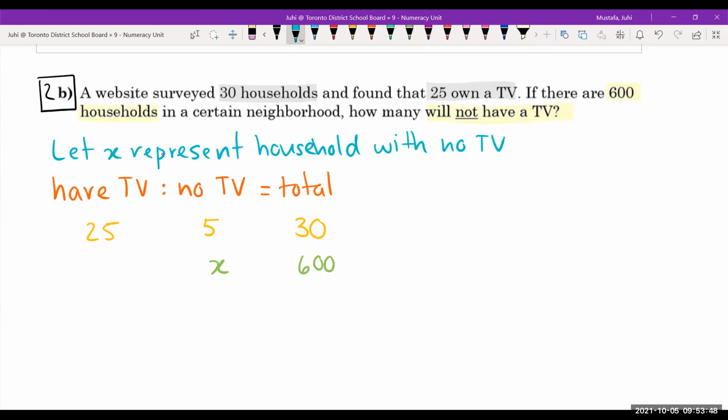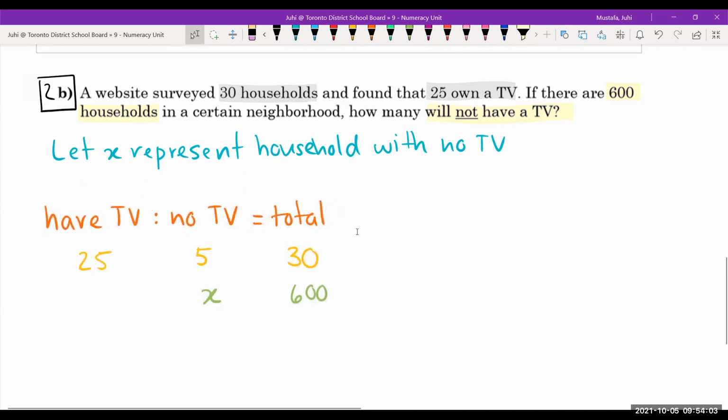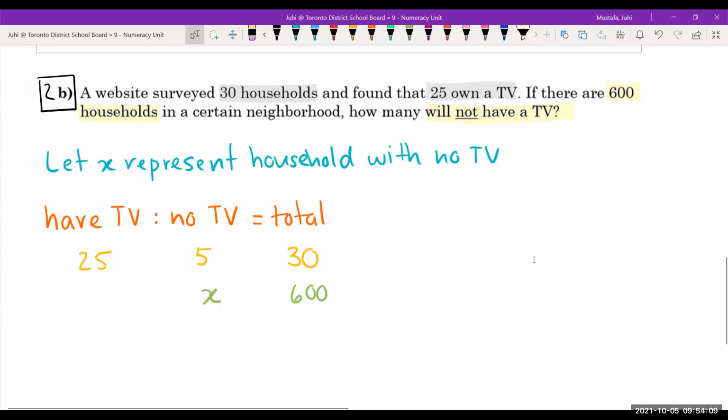And I can confirm that because my X is under the no TV column. Well, I like that we're taking this one up because it's a little bit different and it's not an example we've done before.